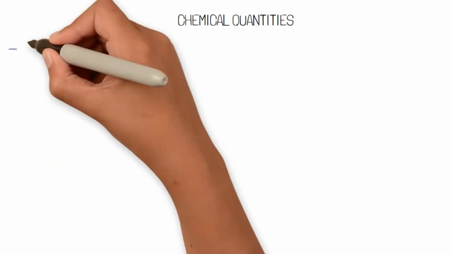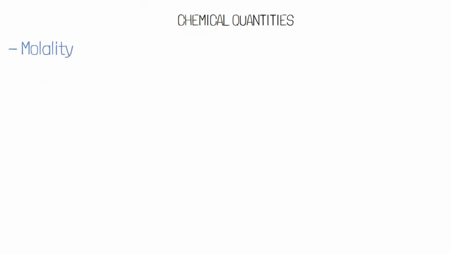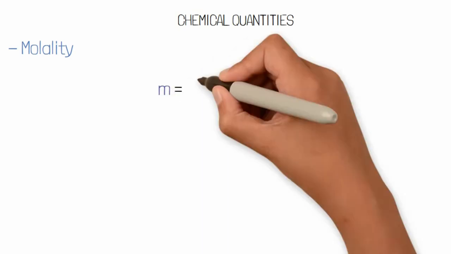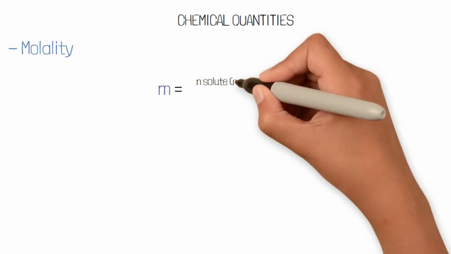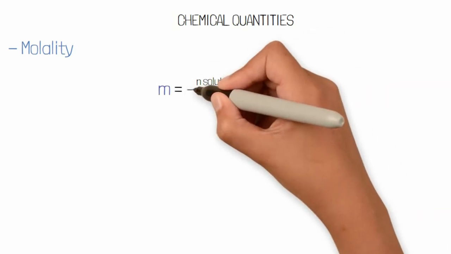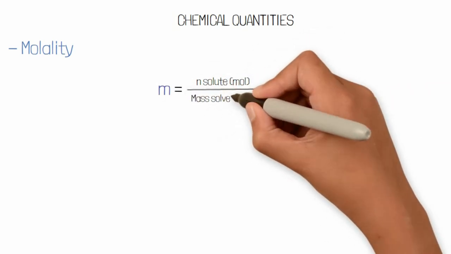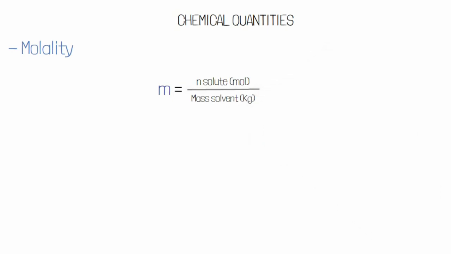This time we'll have the molality. So what is molality? Molality is expressed with lowercase m and equals the mole of solute divided by the mass of solvent in kilograms.